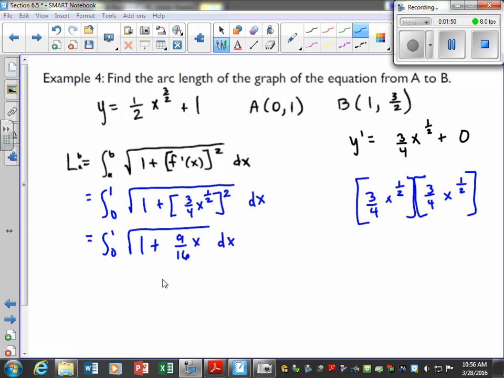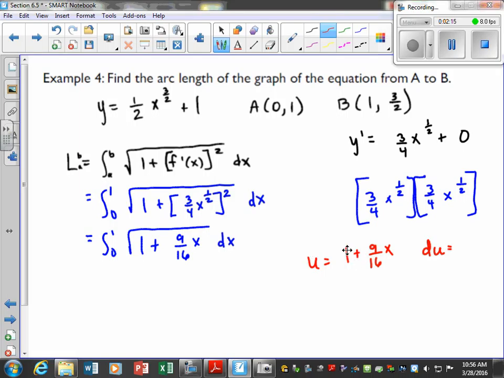Now, we're ready to go ahead and take the antiderivative of this, but we can see that this is a pretty ugly thing, so we're going to have to use u-substitution. So we're going to go off to the side and say u is equal to 1 plus 9/16 x. So what would du be?